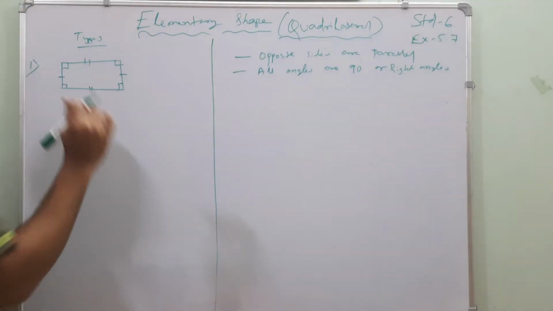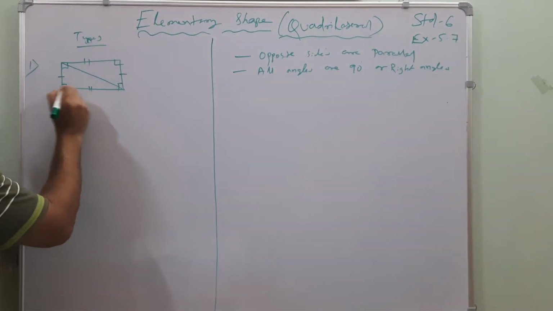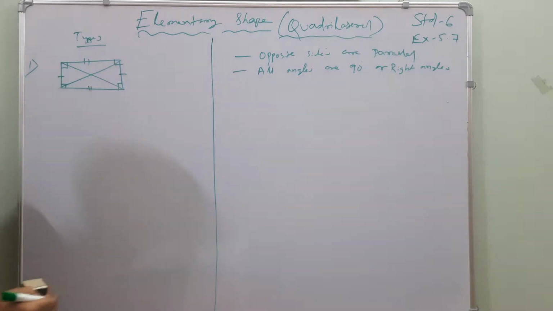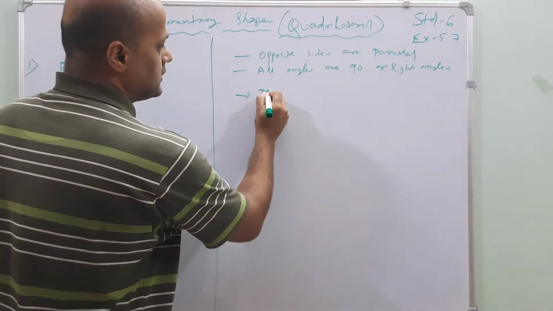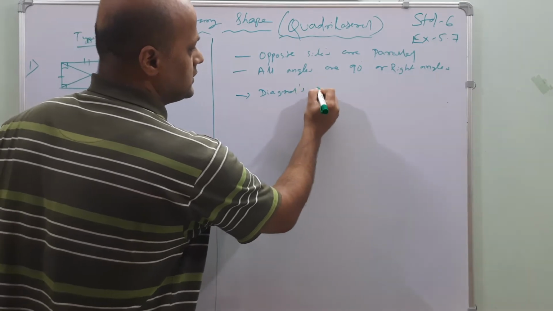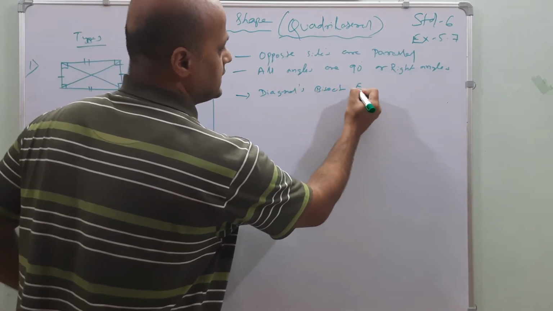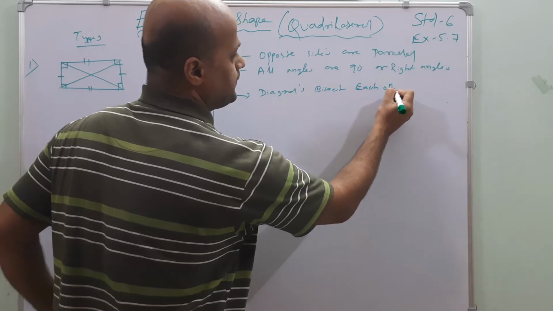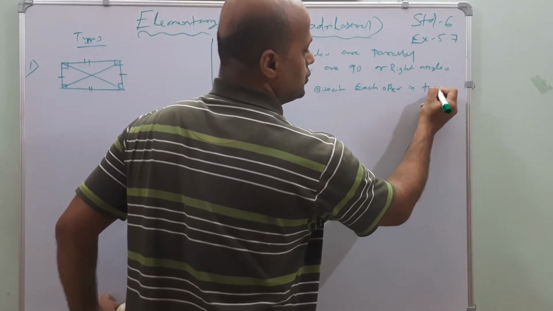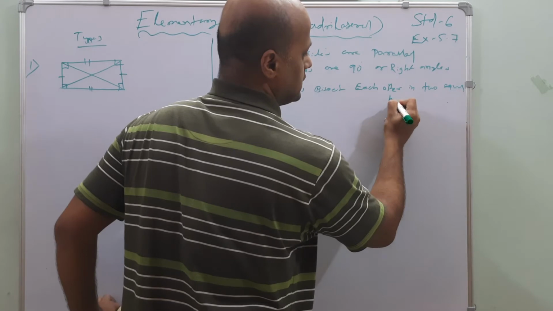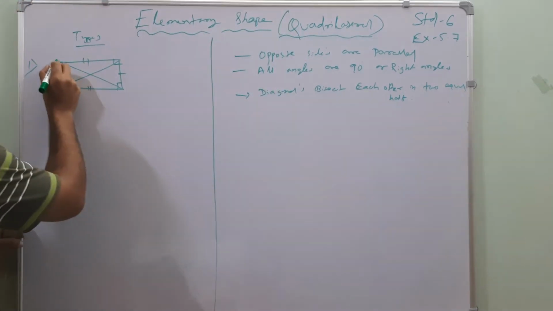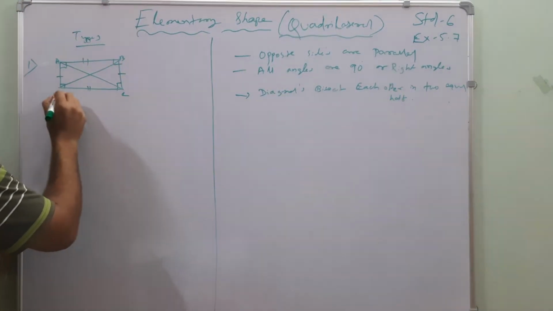Third one, diagonals. The opposite points, when joined to each other, you will say the diagonals bisect each other into 2 equal halves. If I write A, B, C, D here, then the diagonal AC is equal to OA plus OC, meaning these are two equal halves.